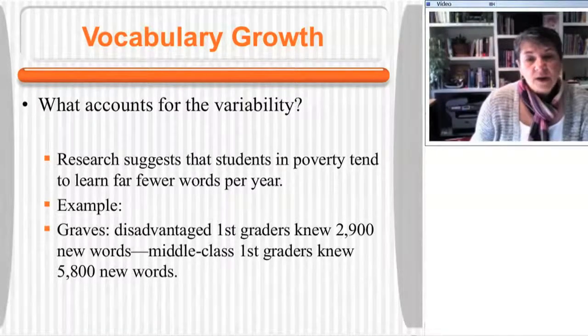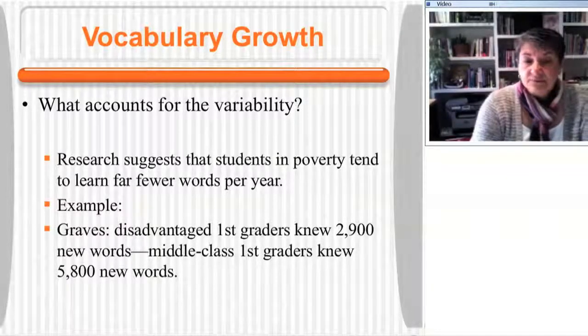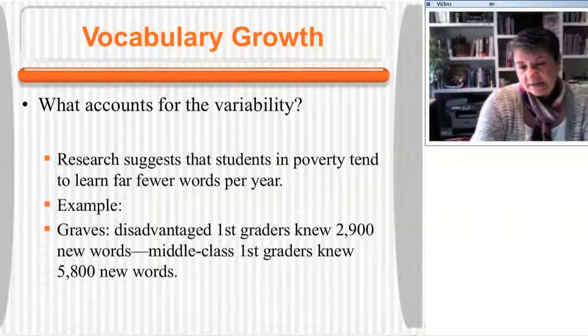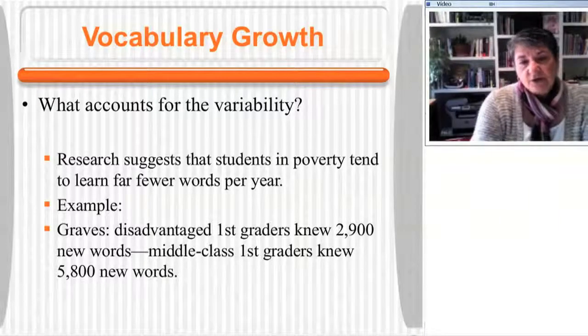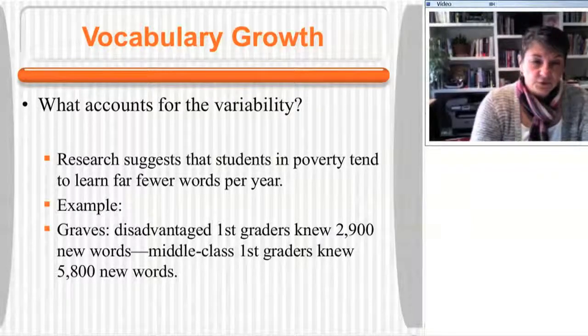Okay, so what accounts for the variability in that? Well, research suggests that students in poverty tend to learn far fewer words per year. For example, Mike Graves did a study where he found that disadvantaged first graders knew 2,900 new words, whereas middle-class first graders knew something like 5,800 new words.